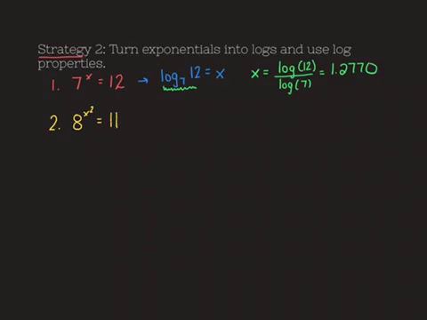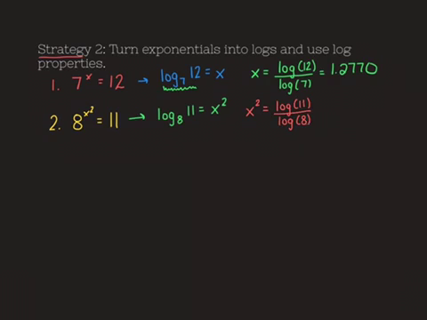So again, we can rewrite this as a log. So log base 8 of 11 is equal to x squared. And then we can use change of base to figure out log base 8 of 11. So that would be log of 11 divided by log of 8.